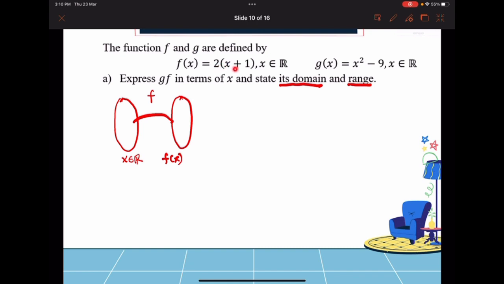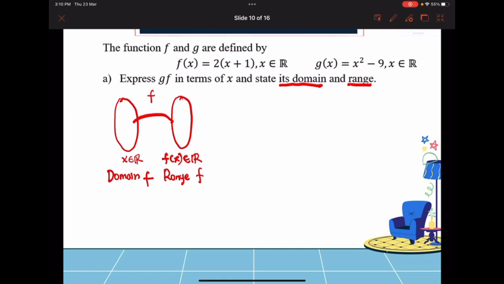So, let's say your x value is valid for all negative infinity until positive infinity, then your y-axis also will be valid from negative infinity to positive infinity. So basically, this is the domain of f and this is the range of f.